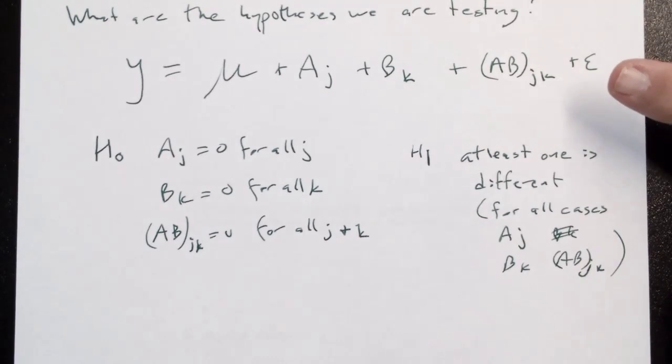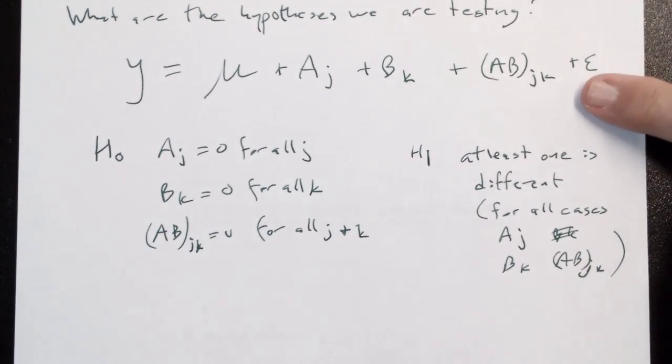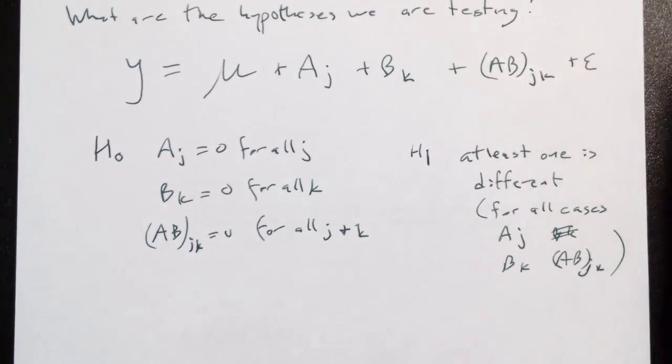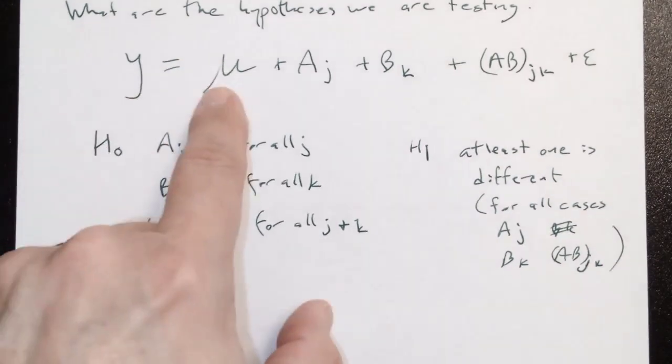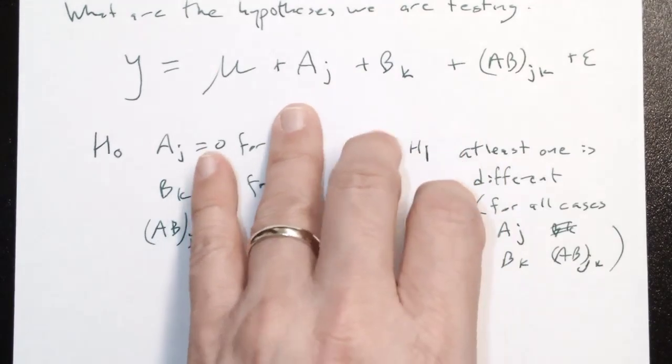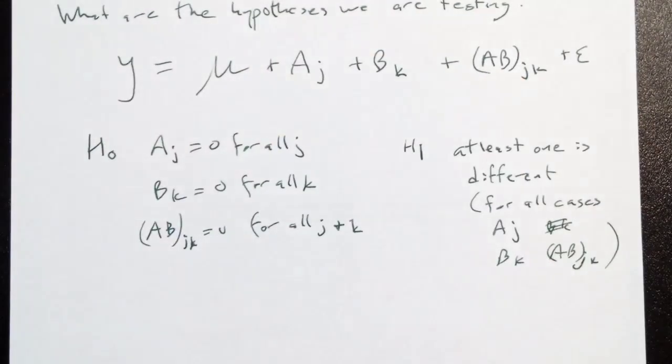This idea right here treats my factors like the model of a straight line. I have a number plus some effect based on the row, the column, and the interaction.